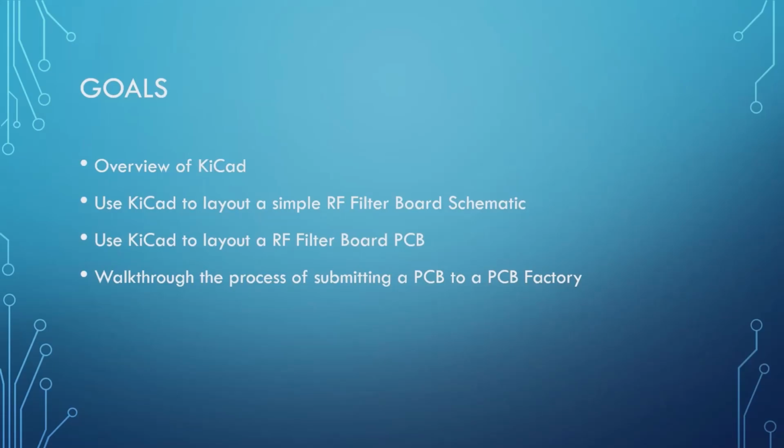So it'll be a little bit simpler compared to doing it with through-hole devices, but everything we're going to walk through will work the same. And then if we get that all done before the end of the session, we're going to generate the Gerber files and the drill files, and we're going to submit it to a PCB factory and send them off to get made.